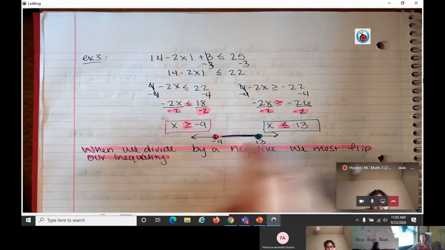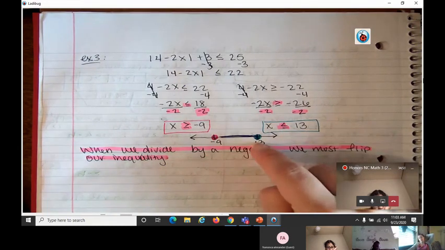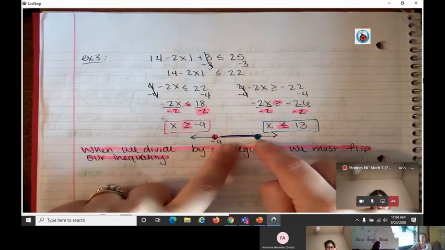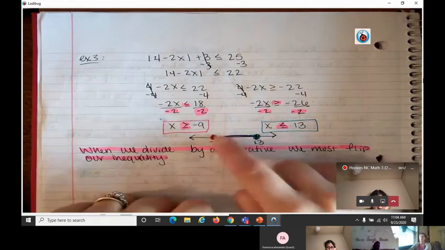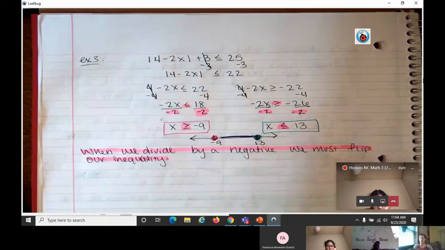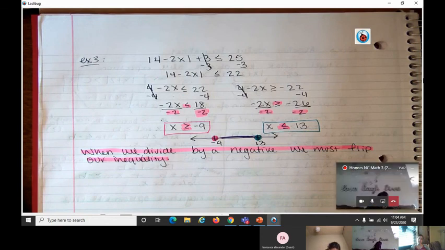And here I had x is less than or equal to 13, which means my arrow would have gone to the left. And since I have this arrow moving to the right and that arrow moving to the left, everything in between these two dots is going to be colored. Does that help? Okay, yeah. What other questions do you guys have?